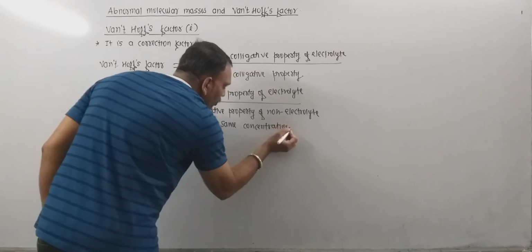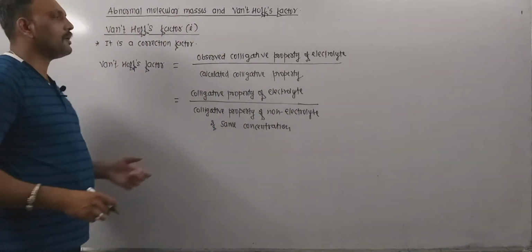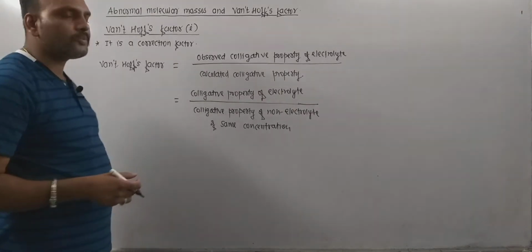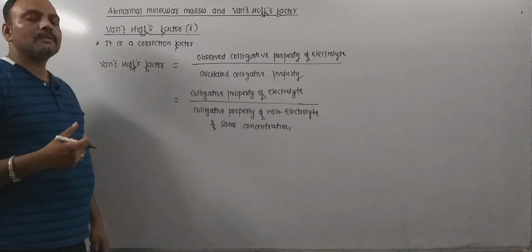So remember, concentration of these two solutions must be equal, and whatever ratio comes, that gives the Van't Hoff factor. So using Van't Hoff factor, one can fix this problem.